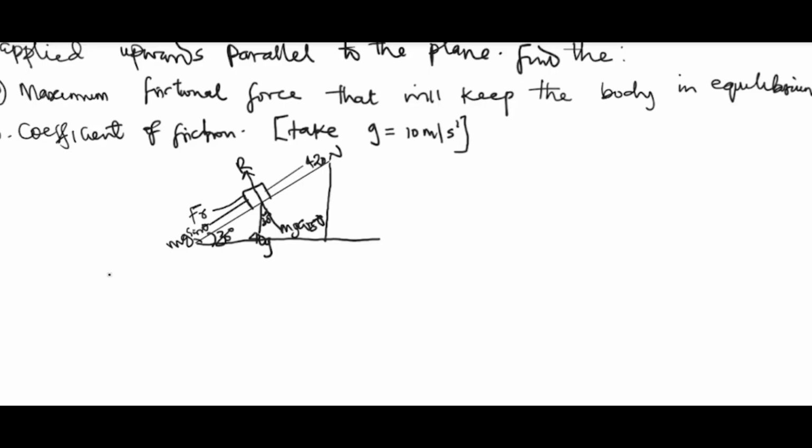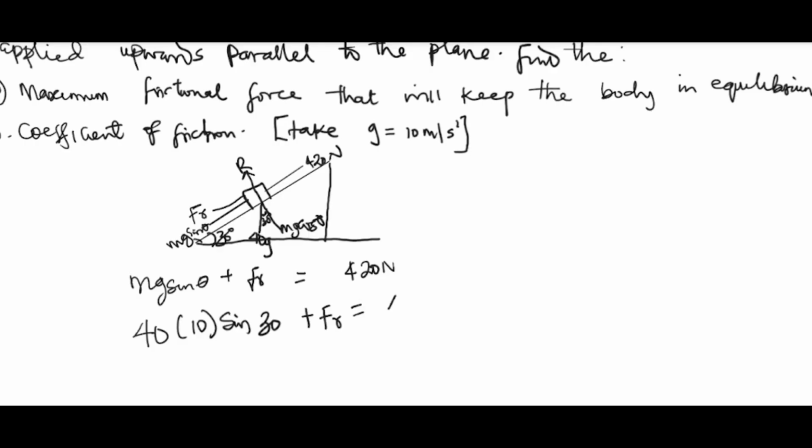Good. So for this body to be in equilibrium on this plane, it means that mg sine theta plus the force of friction will be equal to the pull, the force pulling it up, which is 420 Newton. So the mass is 40 times 10 sine 30 degrees plus frictional force, and that will give us 420 Newton, right? Good.